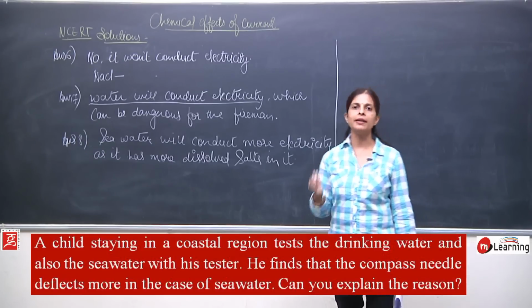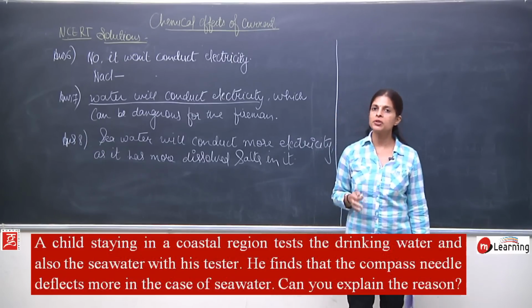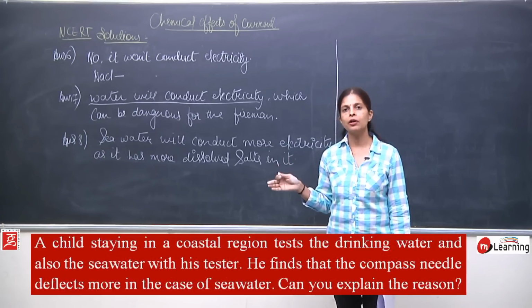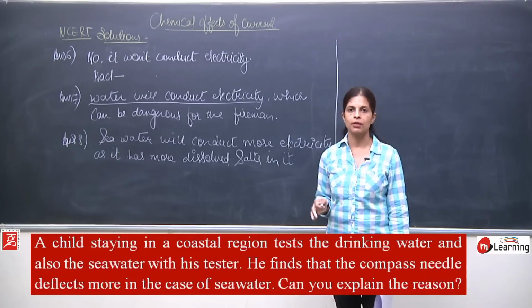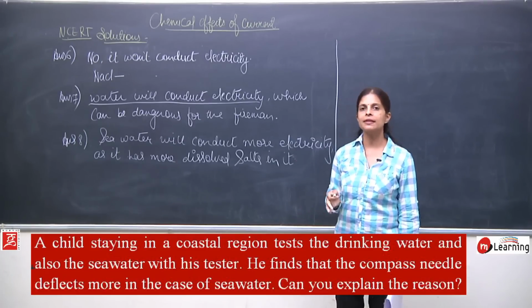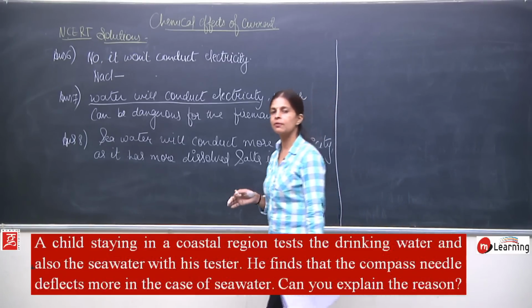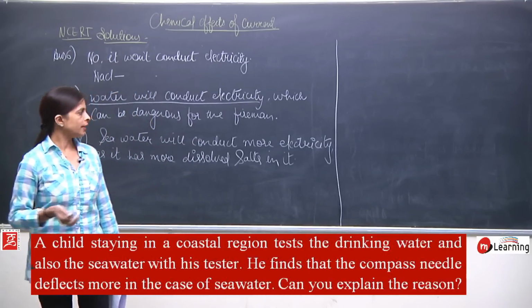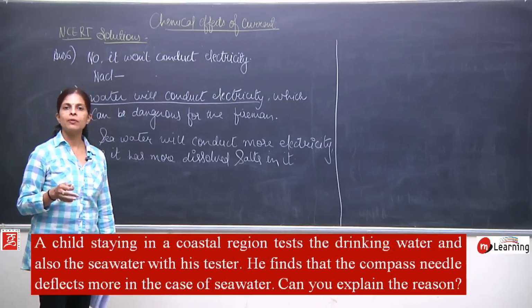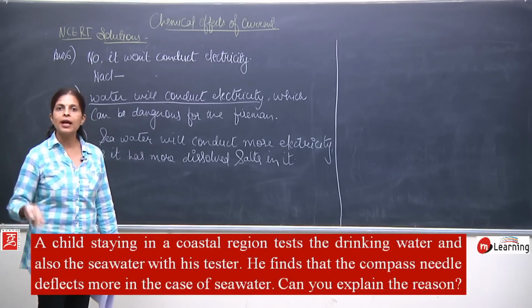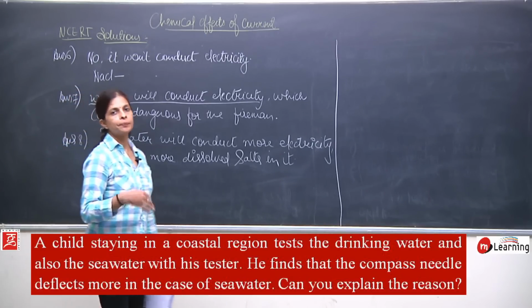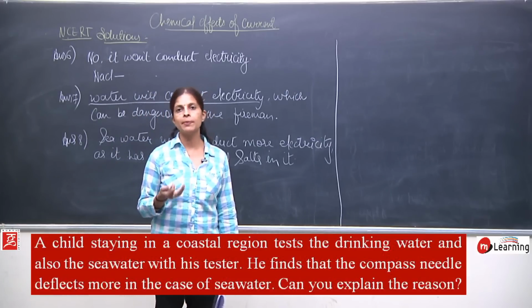The formation of ions has to be there, and the ion formation can take place only when the electrolyte is what? Either acid or base or salt must be dissolved in that. So in this case the seawater will be having more salts, and so more ions will be formed, and so more electricity will be produced.